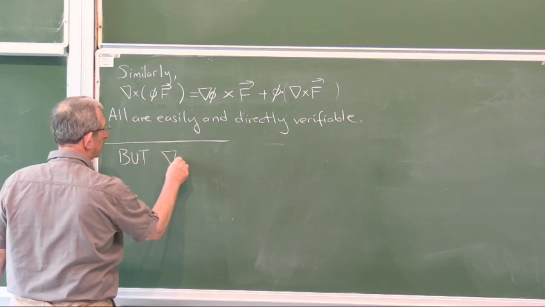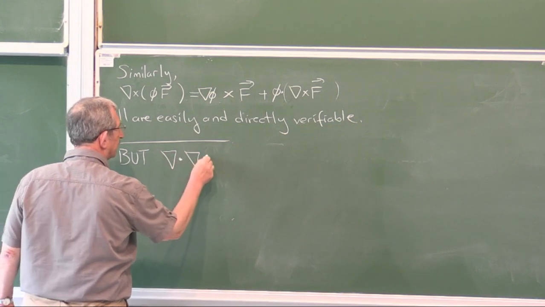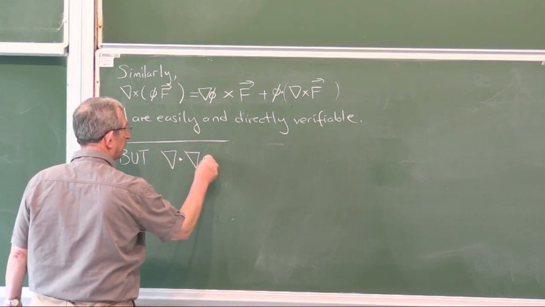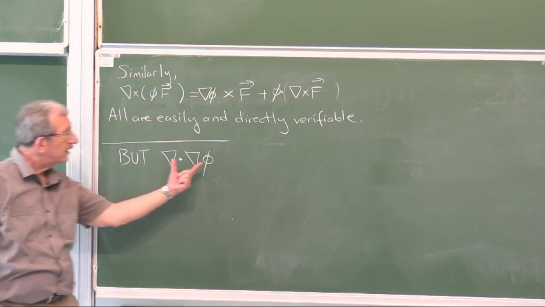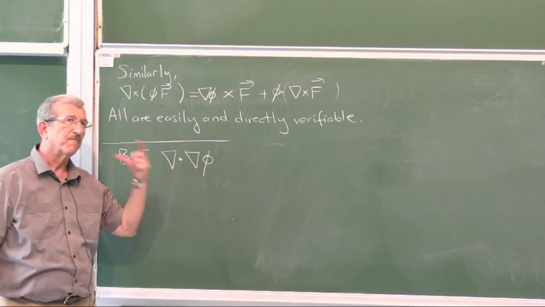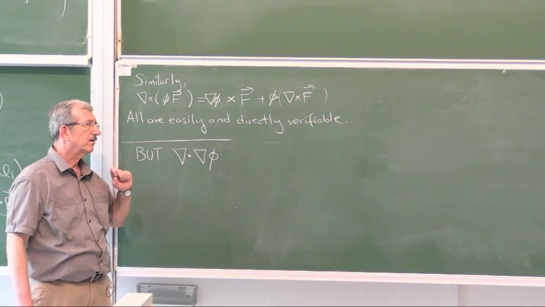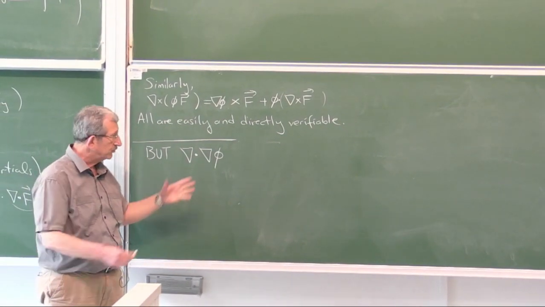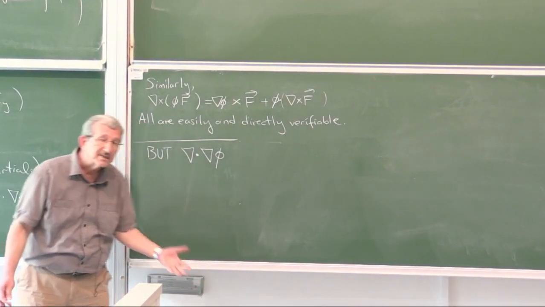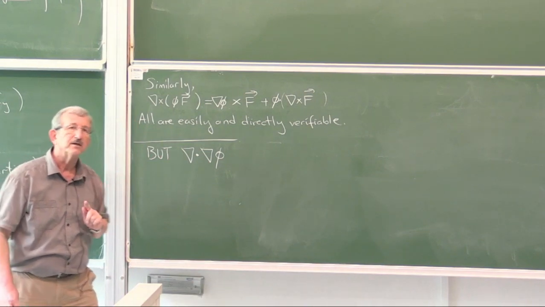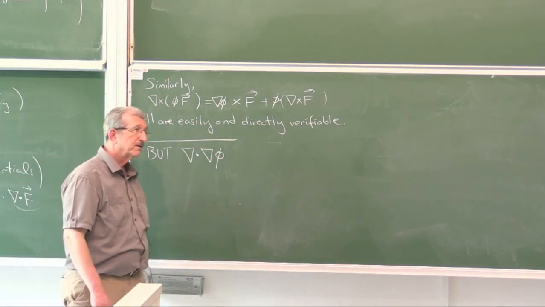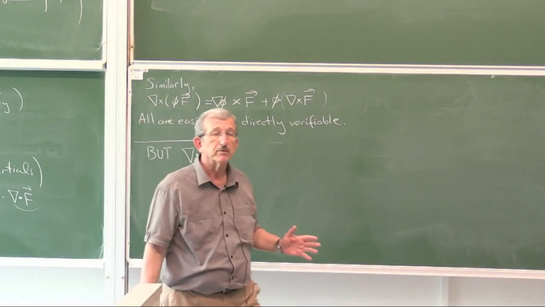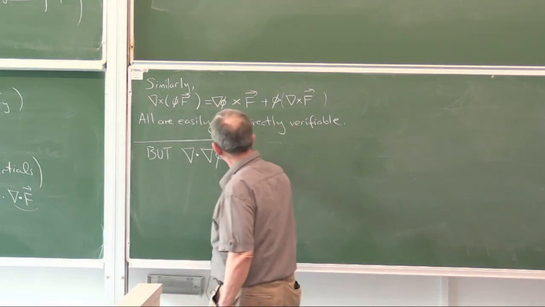Okay. But del dot gradient of a function, okay, now phi is a scalar valued function, of course. Gradient phi is a vector. You take the divergence of it. Of course, everywhere you have x's, y's, and z's. None is a constant here, okay, but it's scalar valued. This is not zero in general. Actually, what is this?